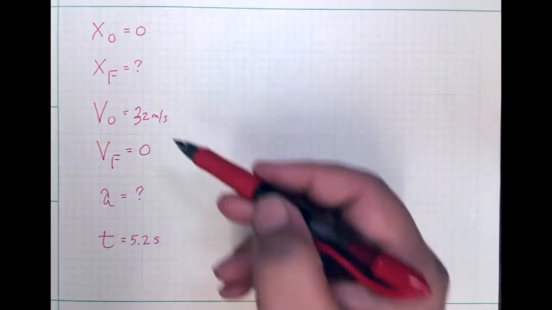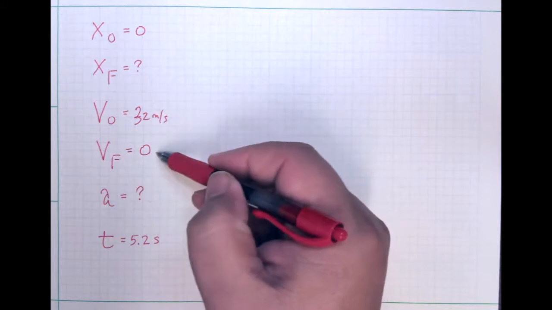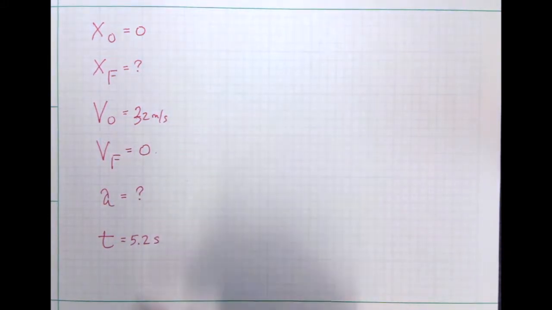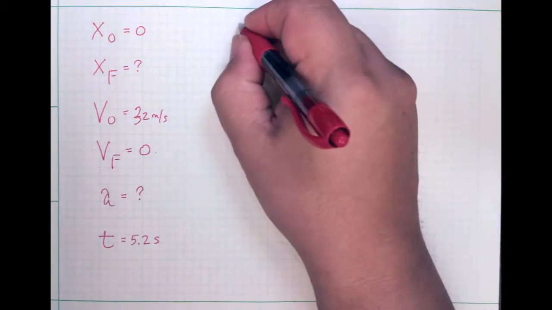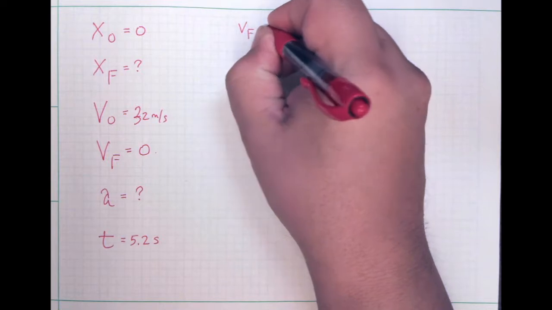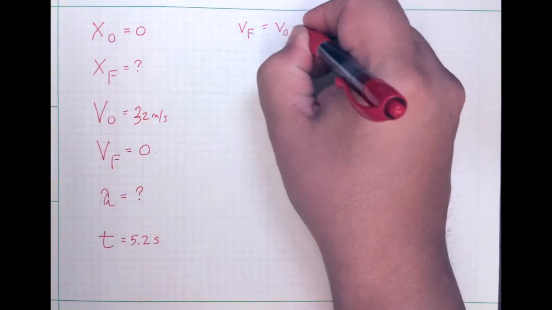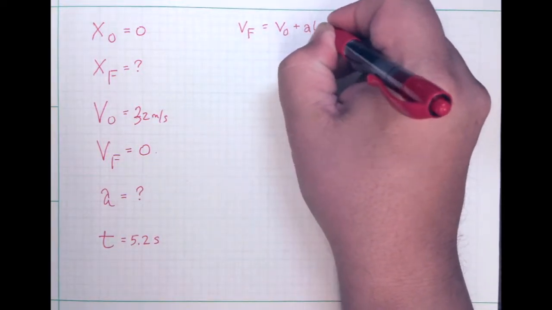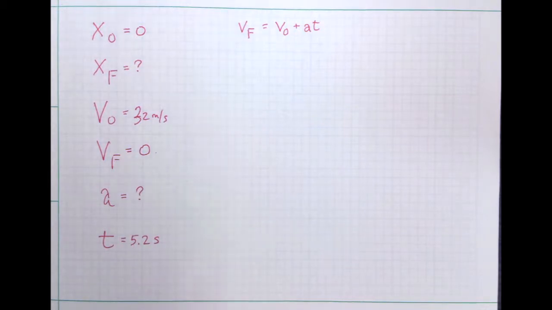Looking here at our data table, we see we're given the 2 velocities and the elapsed time. We're asked for the acceleration, but in this first part, position is irrelevant. And the one kinematics equation for which position is irrelevant is the very first one. V final equals V naught plus A T. Final velocity equals initial velocity plus acceleration times time.